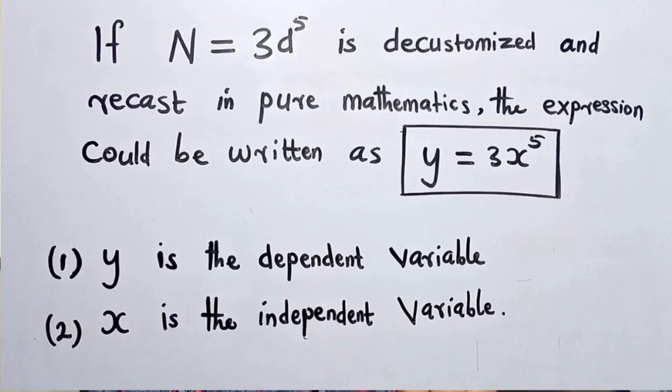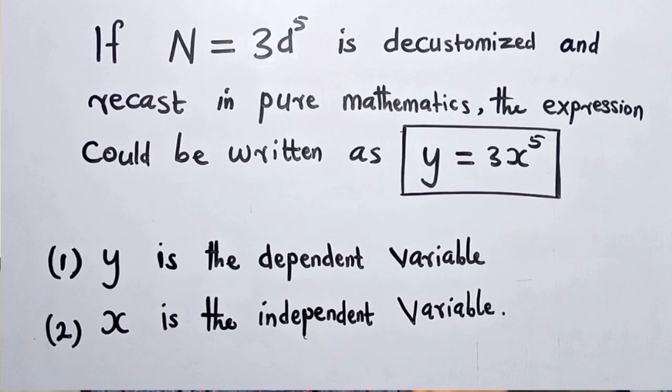Anyway, in that expression, Y is equal to 3X raised to the power 5. Y has come to replace the N, and the X has come to replace that D.